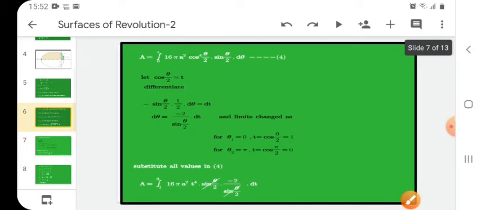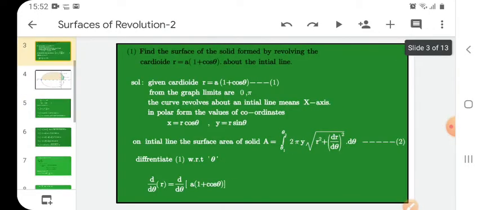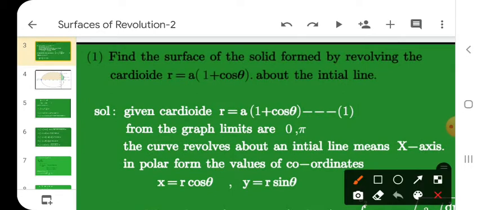See again. What is our given curve? First we should remember 3 points: in which form the given equation is, what the limits are, and about which axis the given curve revolves. These 3 things are most important.